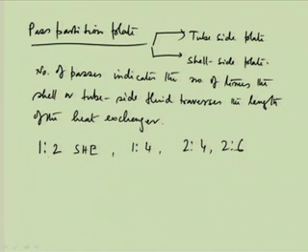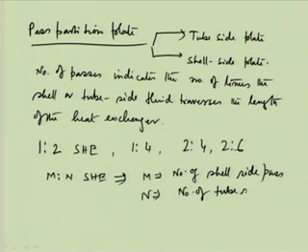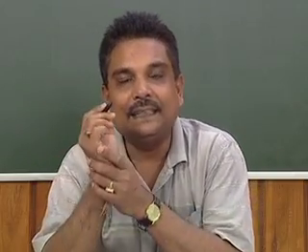In 1:2, the first number represents the shell side pass. So, if I say an M:N shell and tube heat exchanger, it indicates that M is the number of shell side passes and N is the number of tube side passes. Now, why are we going for these, to increase the passes?